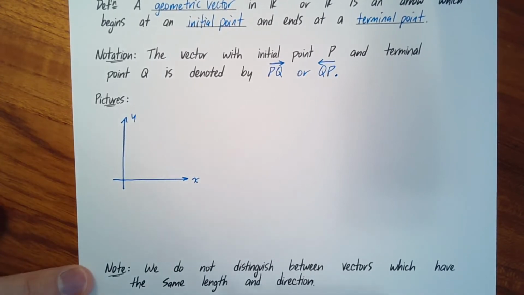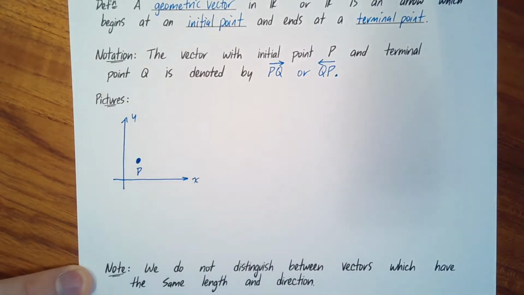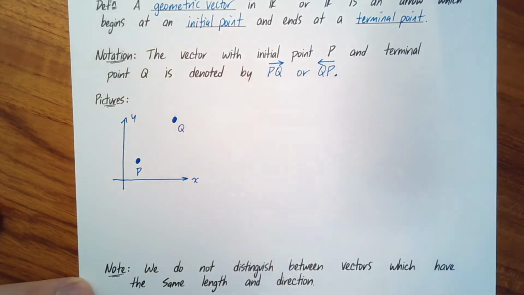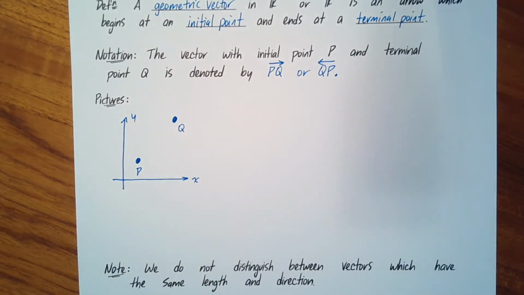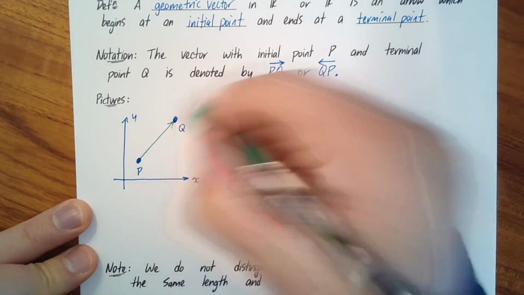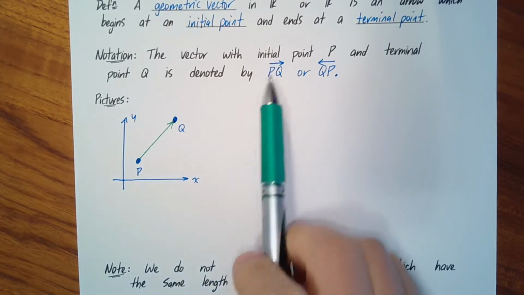And maybe we've got a point here, which I'll draw as the point P, and then we've got another point over here, which I'll draw as the point Q. And then the vector is actually the arrow between them, which I'll just draw in green so it stands out. So you can see that I'm drawing exactly this vector, right?